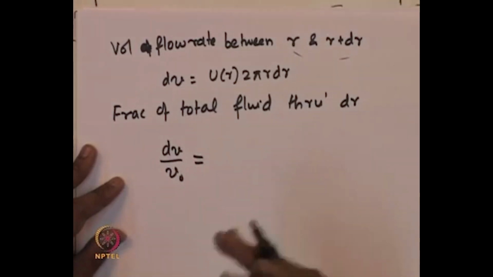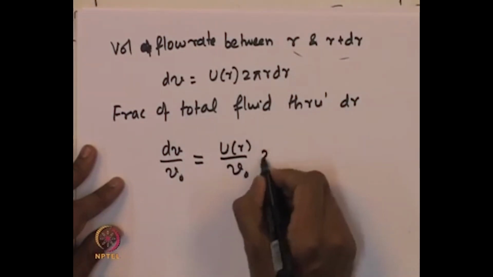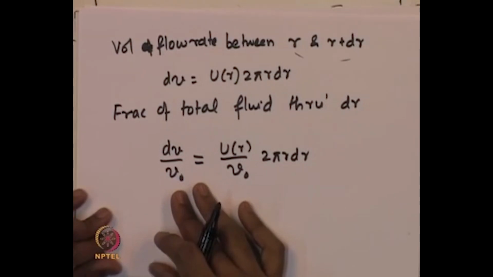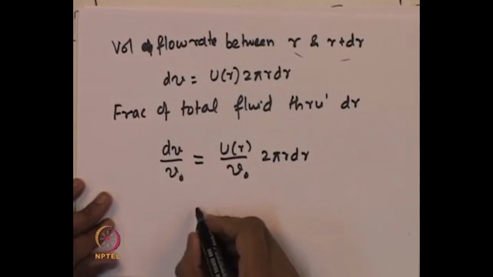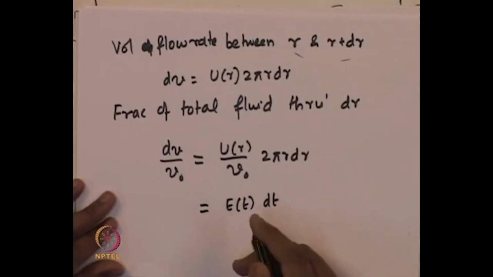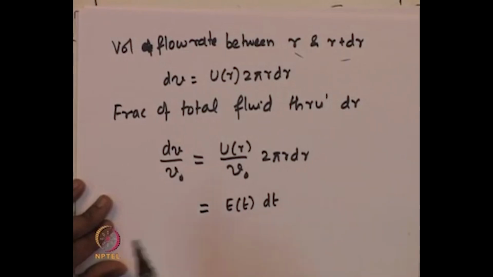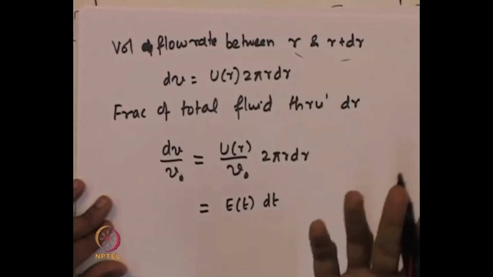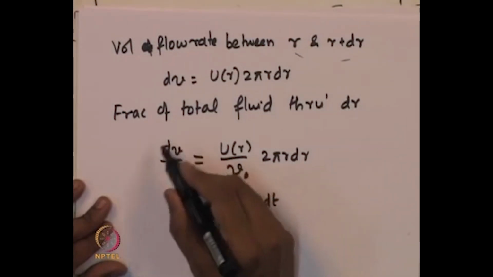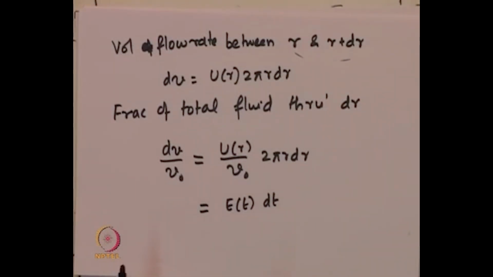That is given by u of r divided by V naught into 2 pi r dr. In fact, that is nothing but E of t into dt, because the fraction of the fluid flowing through this small element dr, spending the time between t and t plus delta t, is what is given by the RTD function E of t dt, and that should be equal to dV by V naught, the fluid flowing between r and r plus dr whose residence time is between t and t plus delta t.